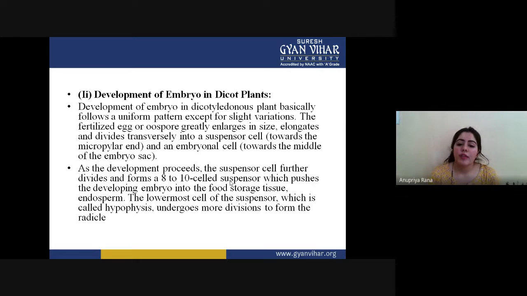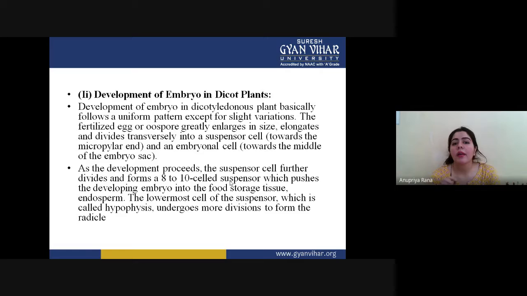The lowermost cell of the suspensor, which is called the hypophysis, undergoes division to form the radicle. The last cell of the suspensor, present toward the micropyle, can be called the hypophysis, and this hypophysis is going to convert into the radicle.